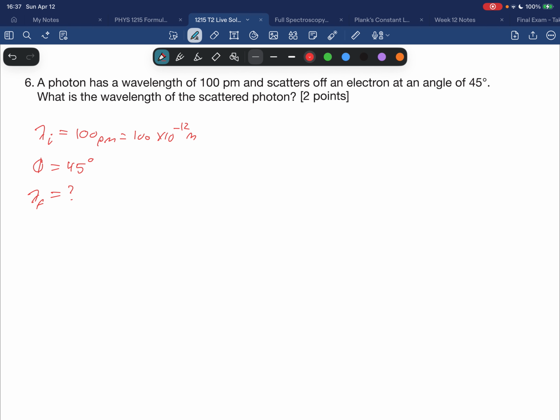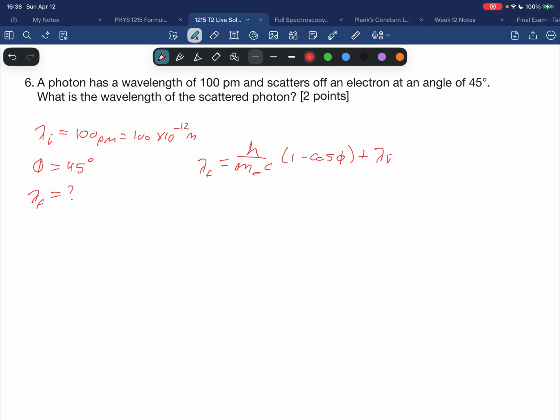So I'm going to take my Compton scattering formula and write it down with a very slight rearrangement, where I just add the initial wavelength to both sides immediately.